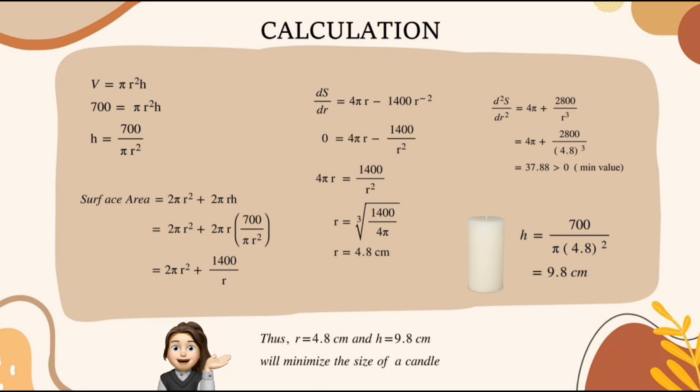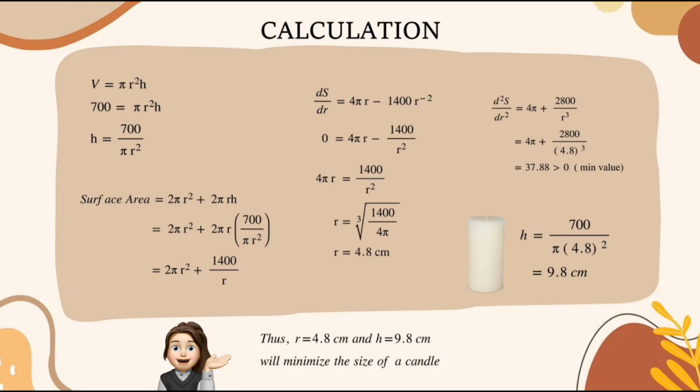After that, find d squared S over dr squared, which is 4 pi plus 2800 over r cubed. Then we get 37.88, which is bigger than 0. That states it as a minimum value.